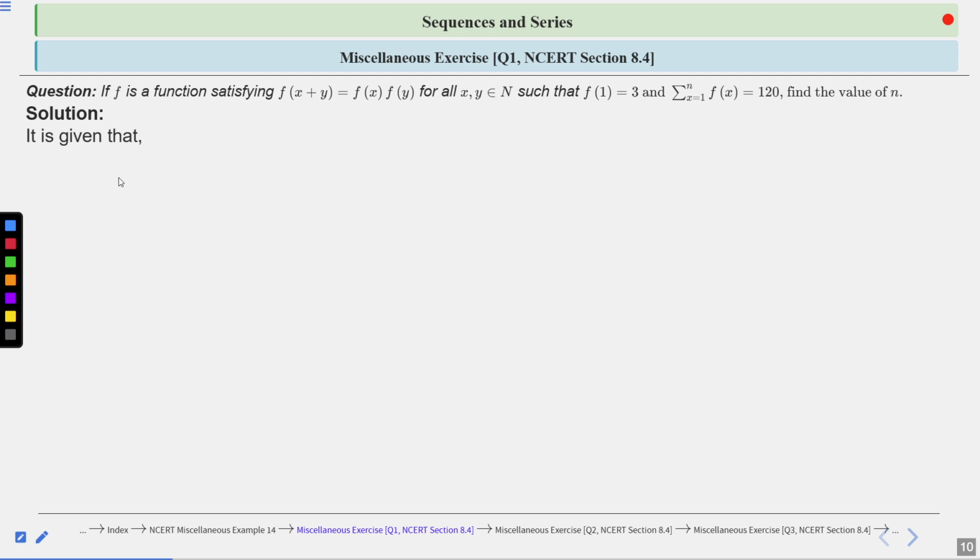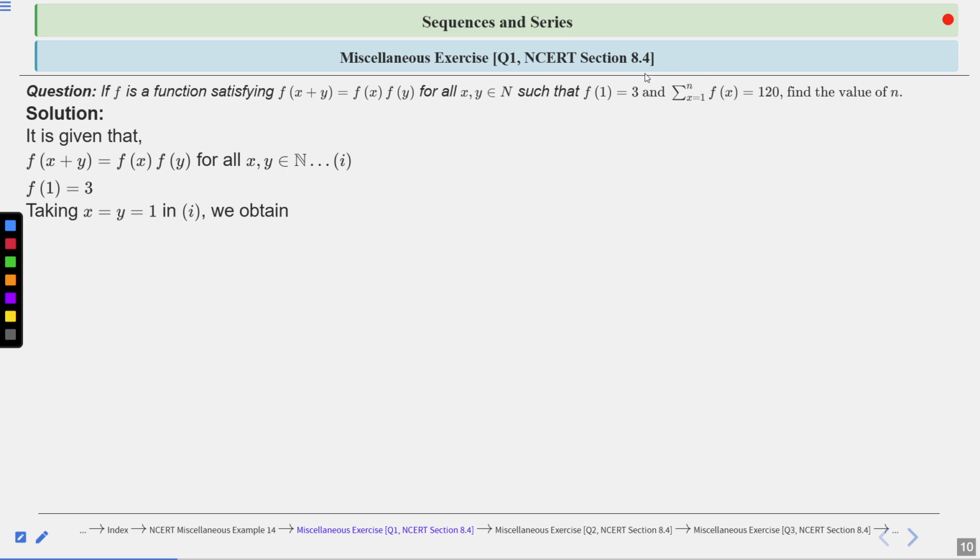Solution. It is given that f(x + y) = f(x) · f(y) for all x, y belonging to the set of all natural numbers. Here f is a function satisfying this functional condition, and it is also given that f(1) = 3. Taking x = y = 1 in equation number 1. Why? Because we need to find the value of n. Here the summation of f(x) from x = 1 to n equals 120.